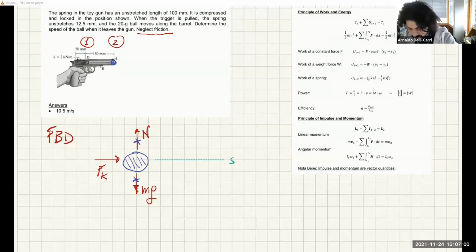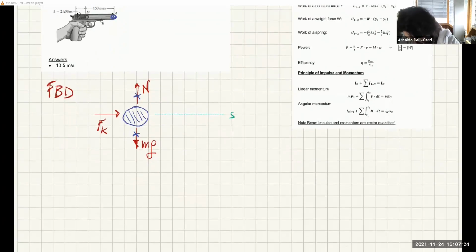You can also look at this as the work of a weight force. It works in the same way since there is no vertical drop. So the vertical position at instant 2 is exactly the same as the vertical position at instant 1. You have that U12 for the work done by this weight force in particular is 0, which is exactly what we said earlier.